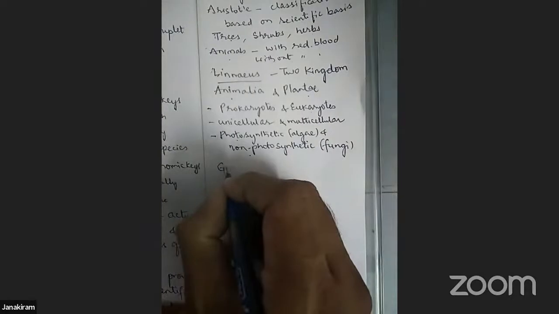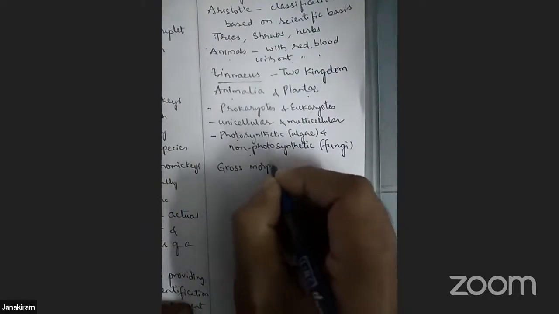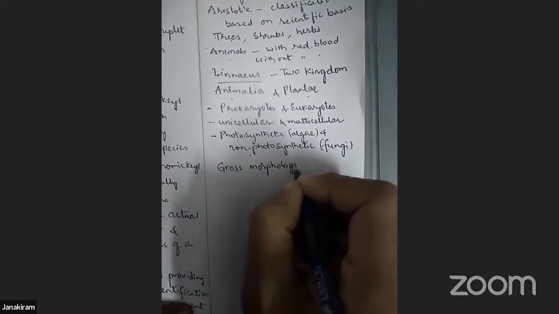So what is considered for giving an accurate classification? The gross morphology has to be considered for a better classification.